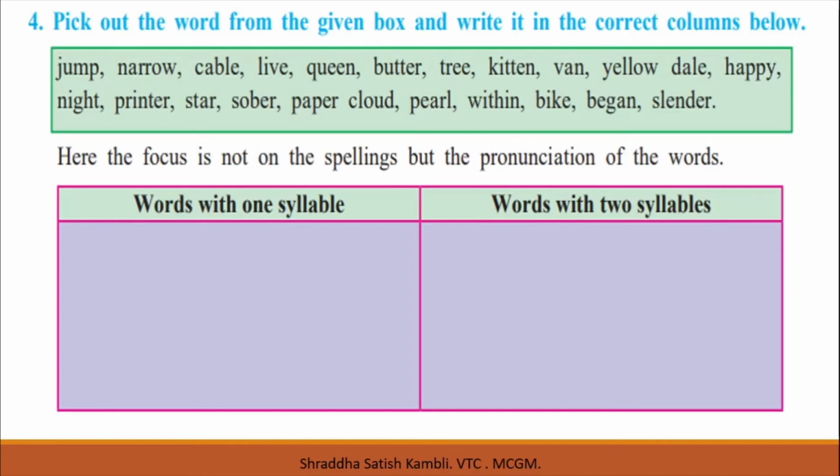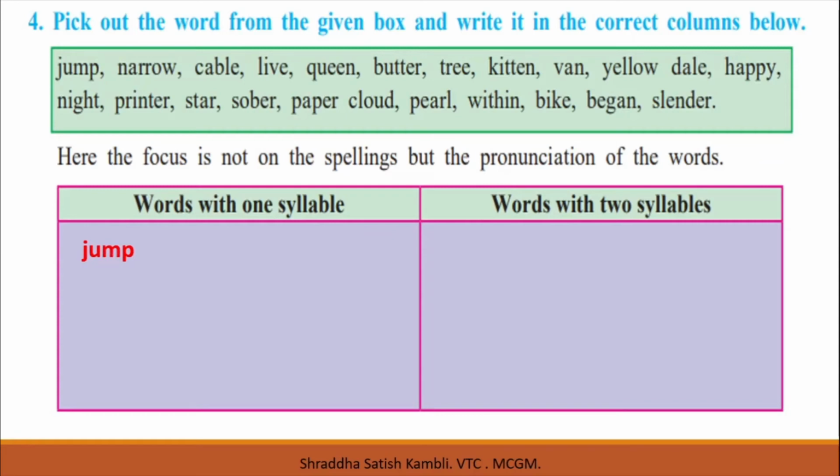I will not be doing all of them for you, remember. I will be doing just some as a sort of an example, and the remaining you're supposed to do yourself. So jump, jump. So how many vowels can you hear there? And how many syllables will we fix it at then? Yes, it has got one syllable.